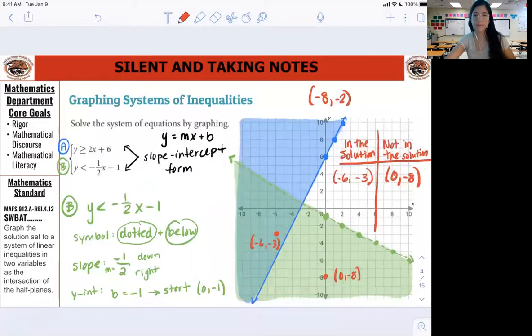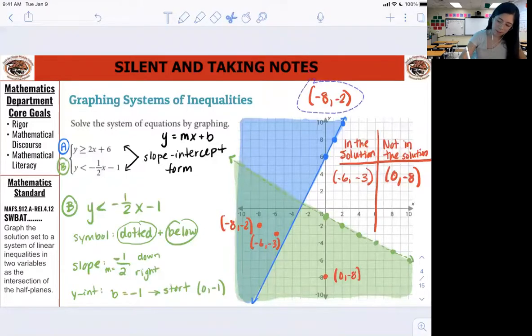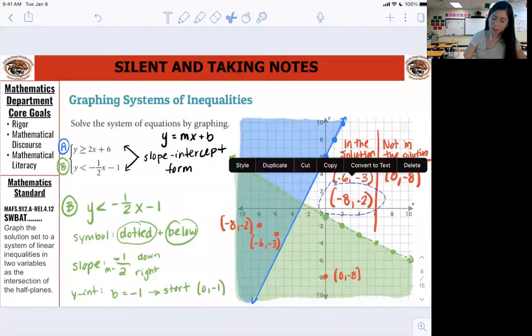Where's that going to be? Oh, in, yeah. -8, comma, -2. That's right here. That one's in. Anyone want to give me one final one to do together?